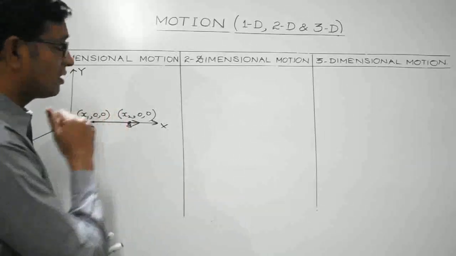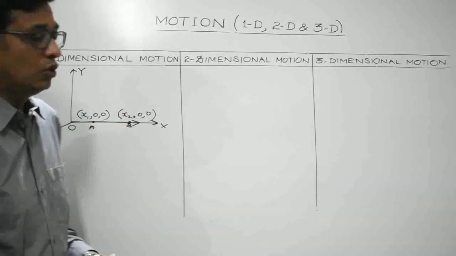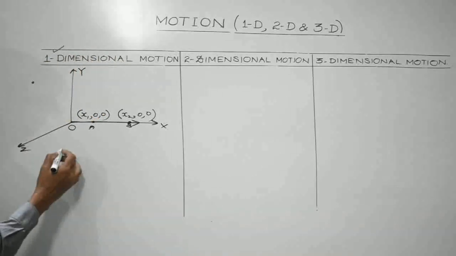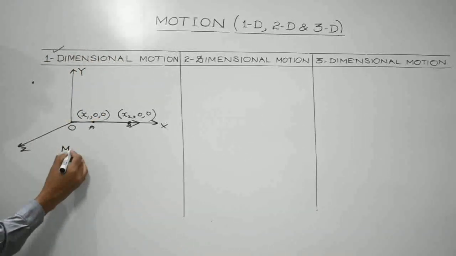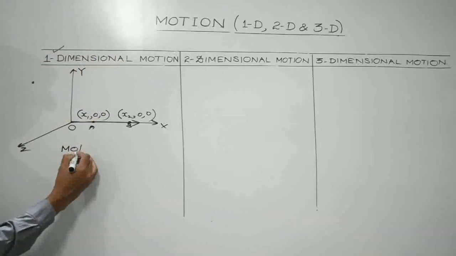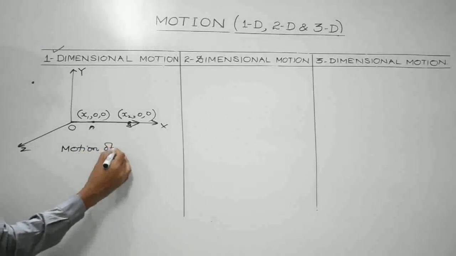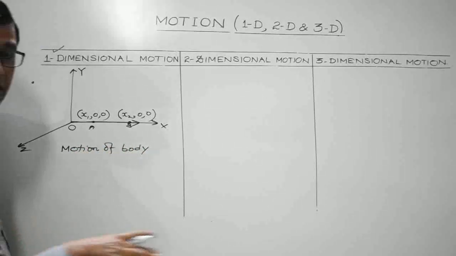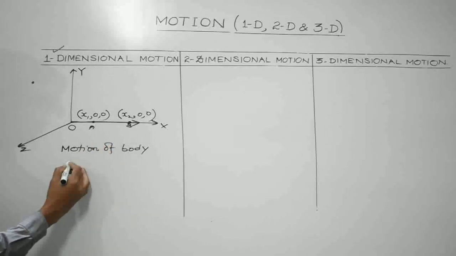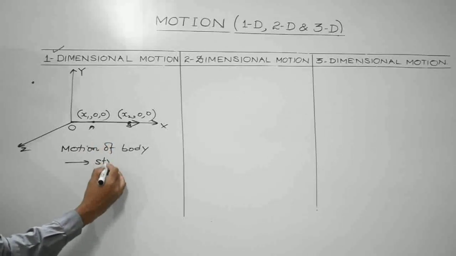Let's discuss its example. In the case of one-dimensional motion, the body must move along a straight line. The motion of a body must be along a straight line.